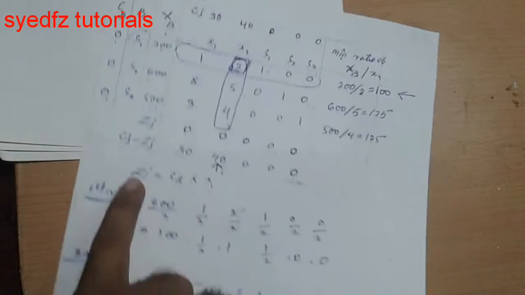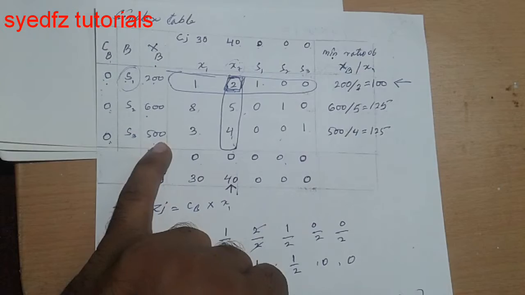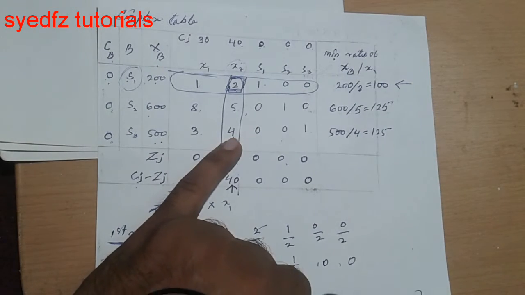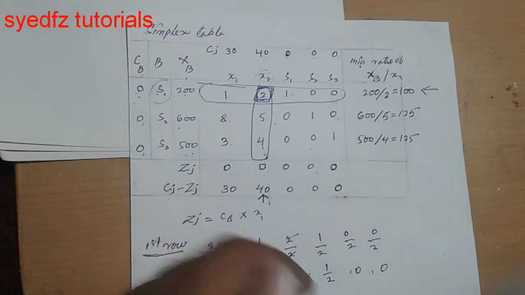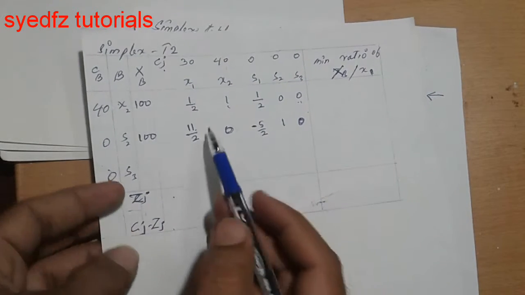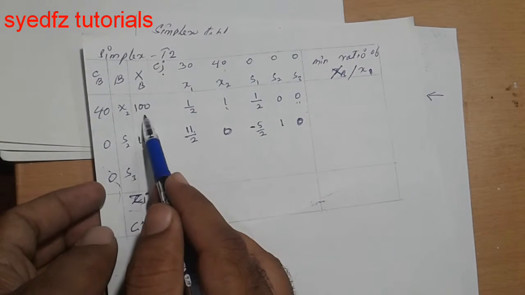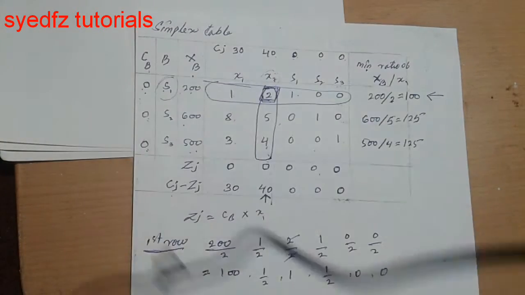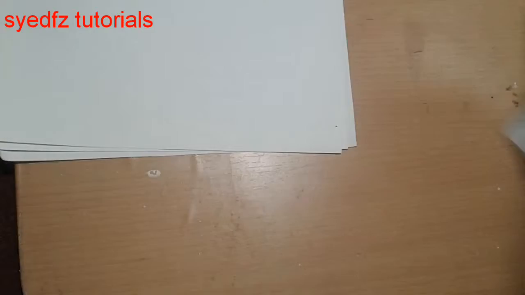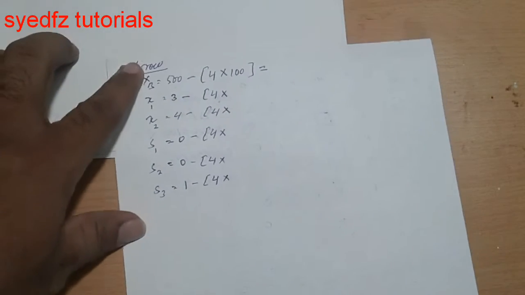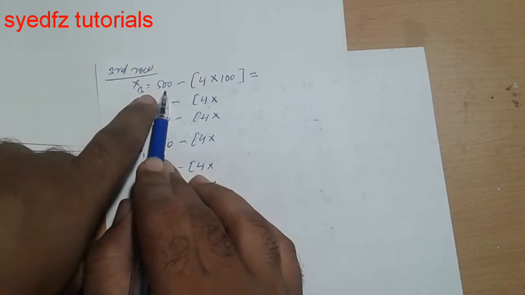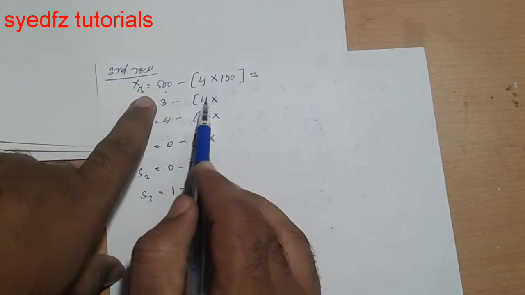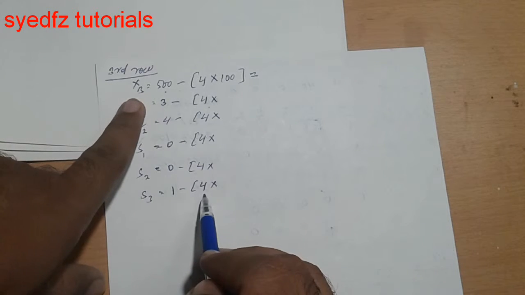Let's see, 500 is the old value and key column is 400. And for the new value we should see the new table, from which x2 is entered. New is 100. Here for new it is 1 by 2. The same I have taken here. Old value is 500 minus key column, always 4 for every point till S3.